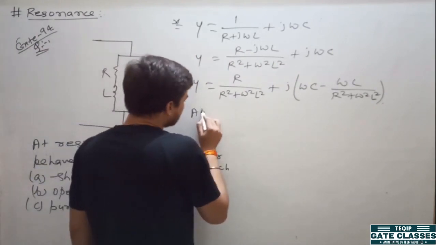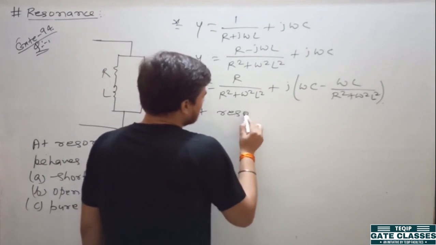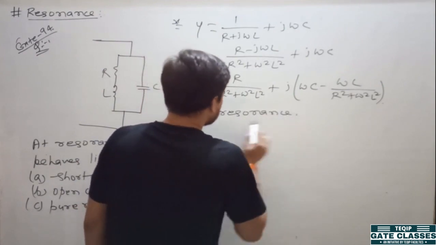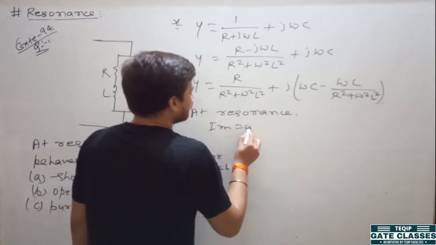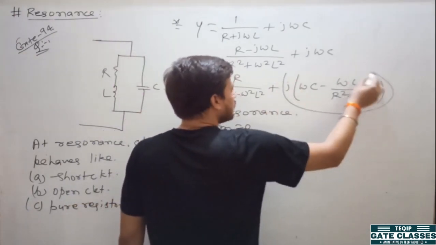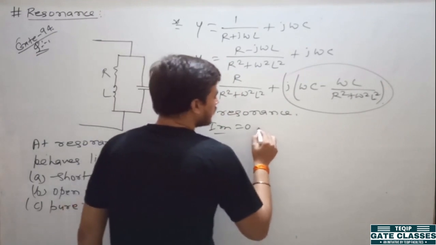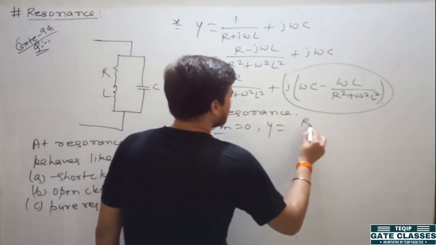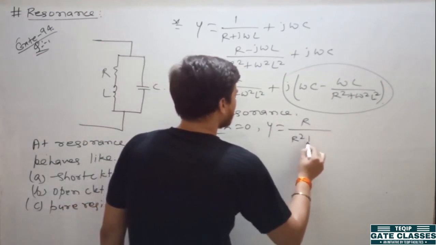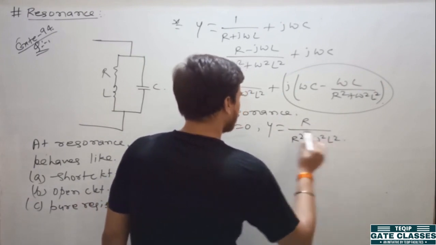At resonance the imaginary term is equal to 0. So if the imaginary term is 0, then Y will be simply R divided by R square plus omega square L square.